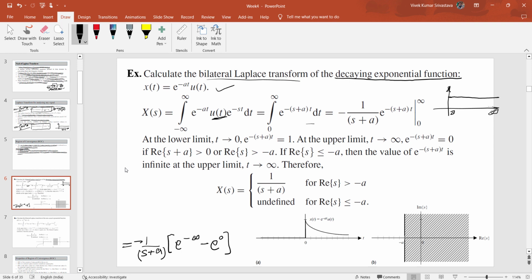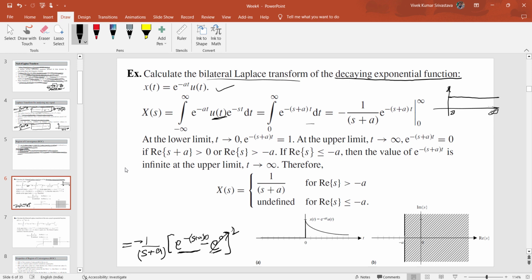Here we directly put (s plus a) into infinity. The value of e raised to the power 0 will be equal to 1, which is a finite value.